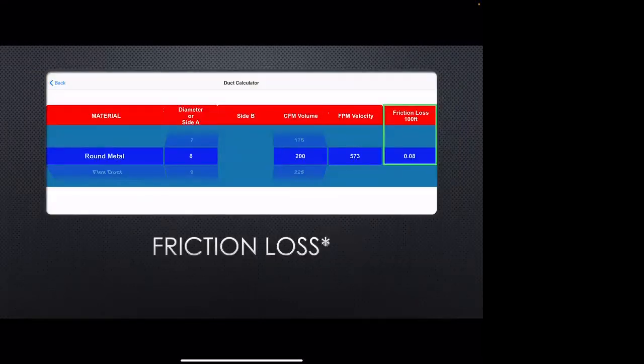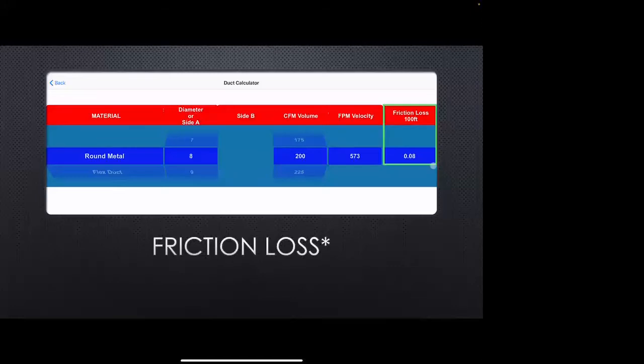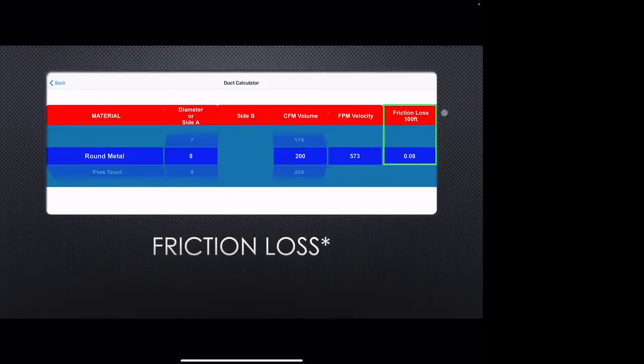Friction loss, as I said, I'm going to use a rule of thumb on the supply. So if you have your super cool slide rule or you have your app or any other ductulator, what we're going to do is use our friction loss here of 0.08 on the supply. Give you a second if you want to write that down or remember that. 0.08 on our supply side duct system for our friction loss.